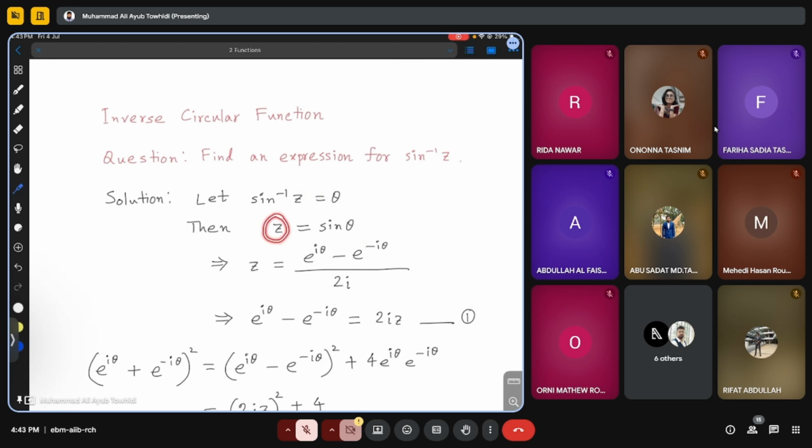If z is the circular function of theta, then theta is the inverse circular function of z. Is the definition clear? Sine inverse, cos inverse, tan inverse, all this.